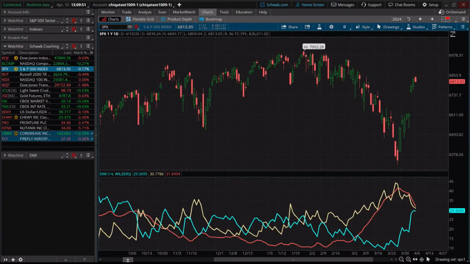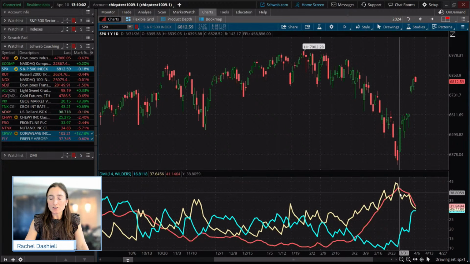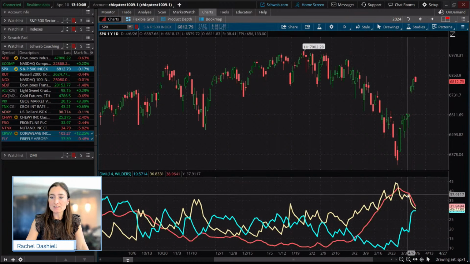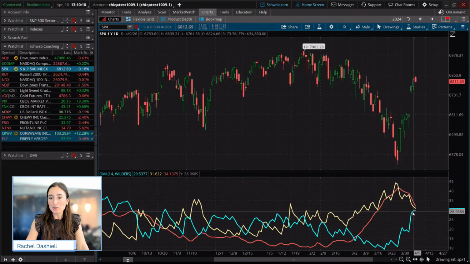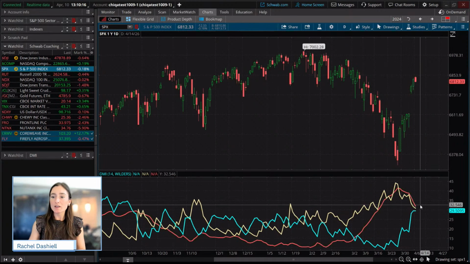When one directional movement line is above another, that tells you the trend is in that direction. See how this negative directional movement line, this yellow line here, is still above the positive directional movement line. Notice you haven't had a cross quite yet.